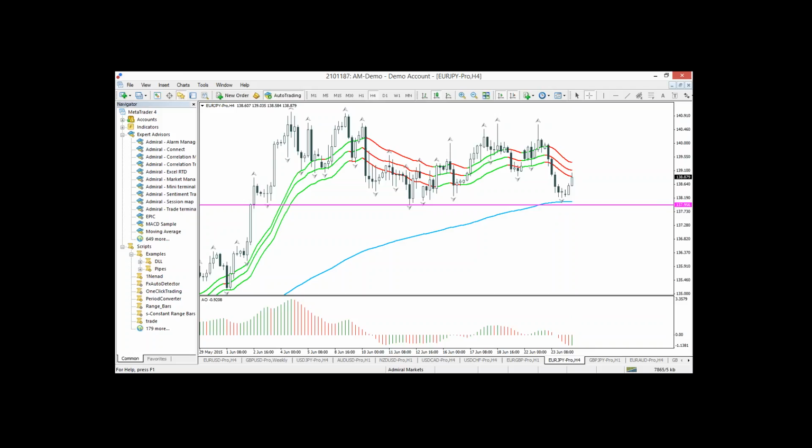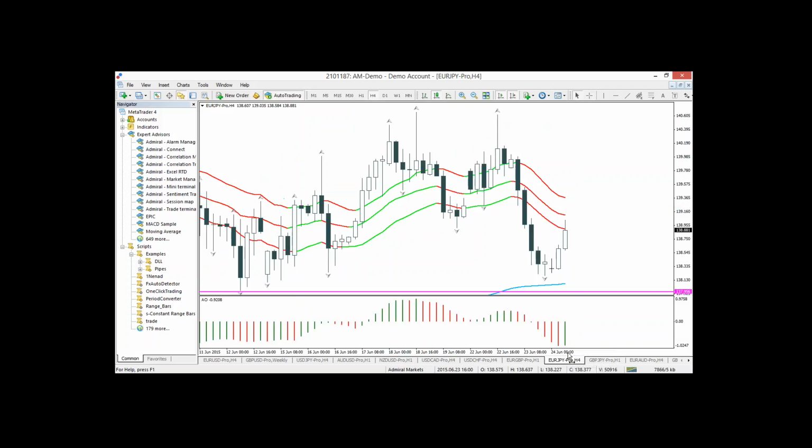And I had to get out at a smaller profit than I was hoping for. I guess that I was aiming for about, I don't know, 90-ish. But I got out for, I don't know, maybe 30-ish or something like that. Now, if someone would have been able to follow my trail stop idea, it would have been more about 50, 60, if trail stopping the candle high.